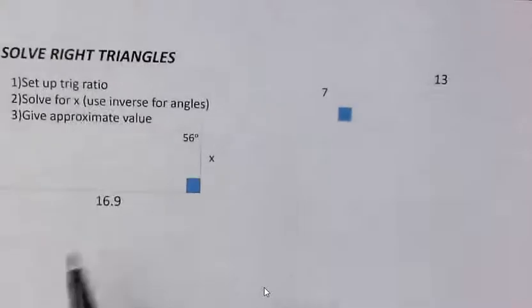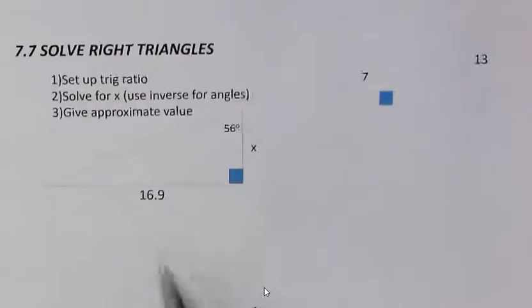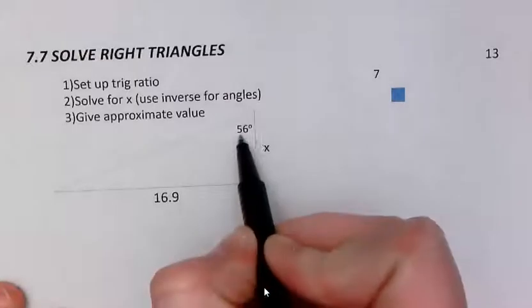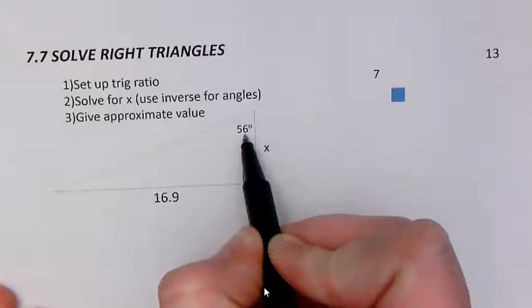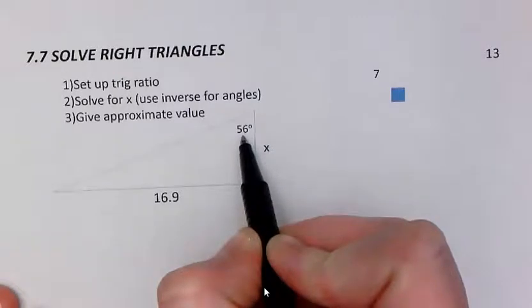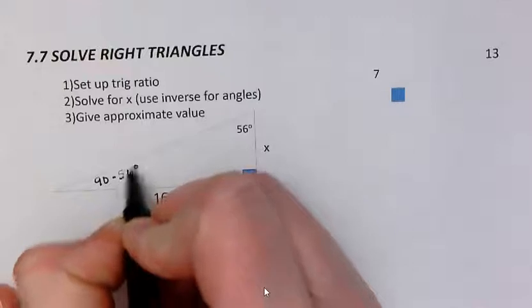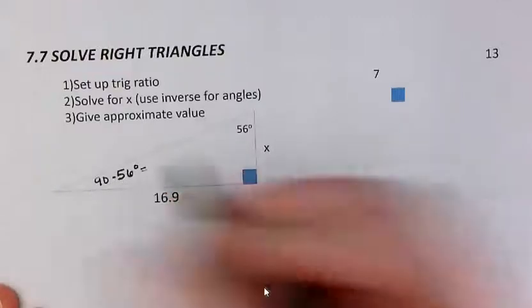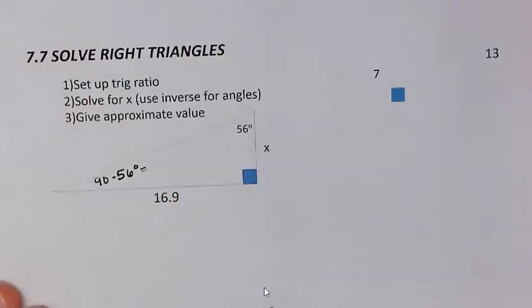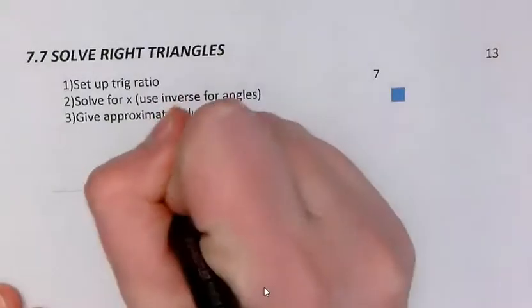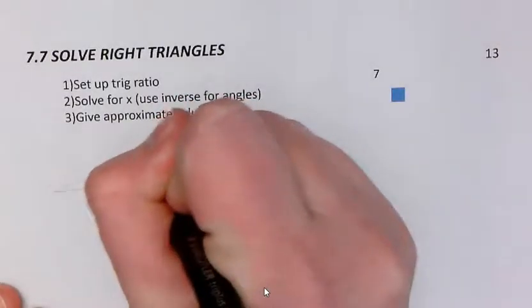Okay? So when we are doing this, if you are given one angle, take 90 minus 56. So this would be 90 minus 56 degrees. And on your calculator, make sure you do it just in case you screw up. And this is 34 degrees. Okay?